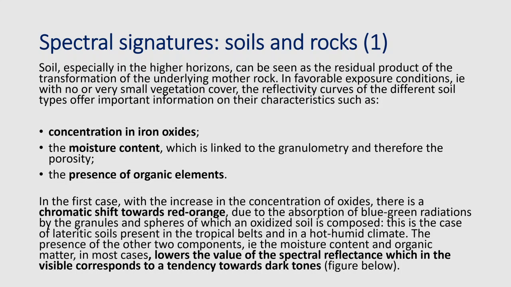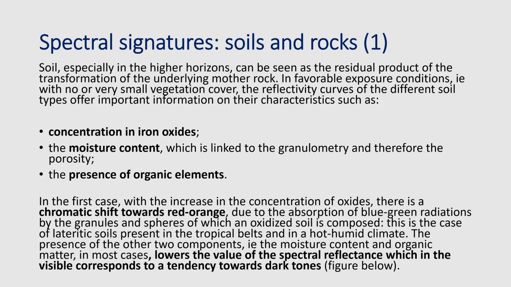So, when you are observing soils, especially in the visible, that have these orange-reddish colors, that means that of course it's reflecting more in these spectral subbands of the visible, while in the blue and green, as mentioned here, the radiation coming from the sun is absorbed by these granules and spheres of which an oxidized soil is composed.